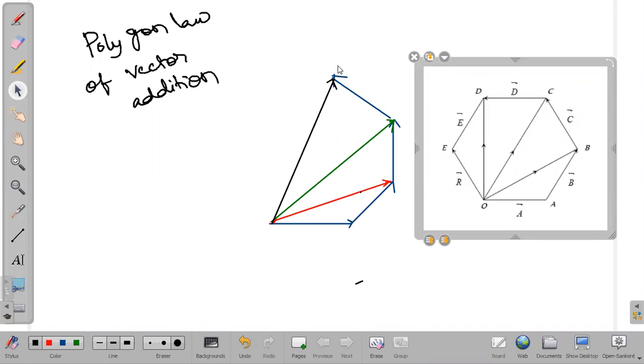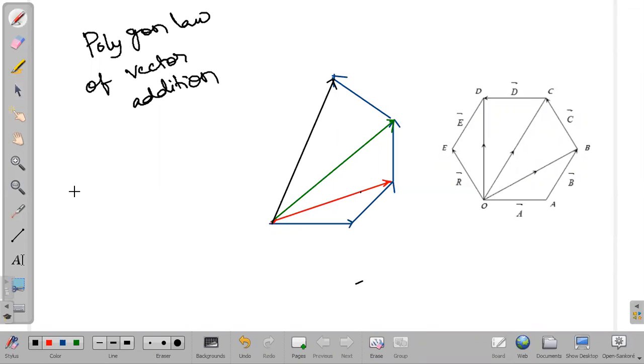Now, if we want to write the resultant for the given example, what do we write? R bar is equal to A bar plus B bar plus C bar plus D bar plus E bar, right? That is the addition of all the vectors.